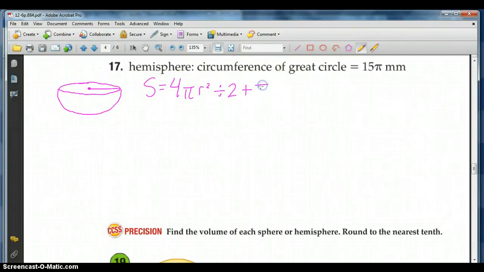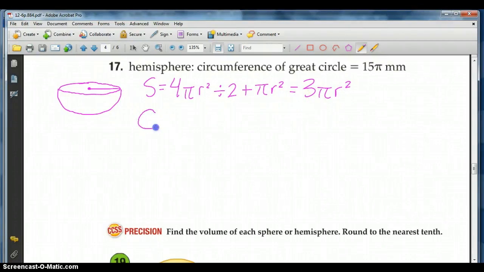So the area of the circle is pi r squared, and we simplify this. Half of 4 is 2, so we have 2 pi r squared plus pi r squared, so we get 3 pi r squared when we simplify.